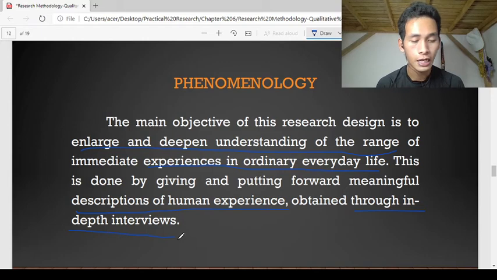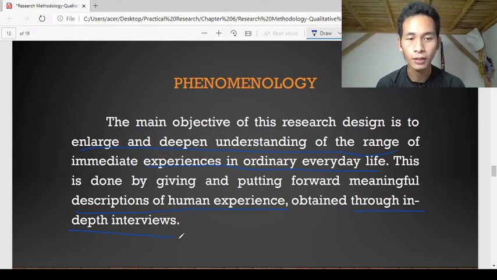In philosophy, it is a method in understanding the underlying reasons by evaluating human consciousness out from human experiences to understand the subject under study.